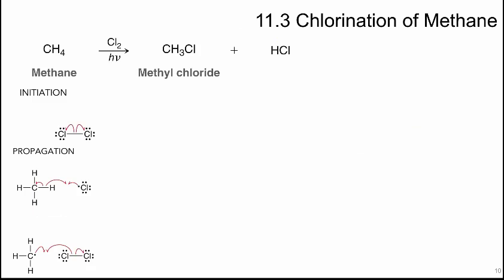Methane, which is CH4, can be chlorinated to give us methyl chloride plus HCl. In the initiation steps for that, we do a homolytic cleavage and form the two radicals. In the propagation step, the chlorine radical can grab a hydrogen from there.